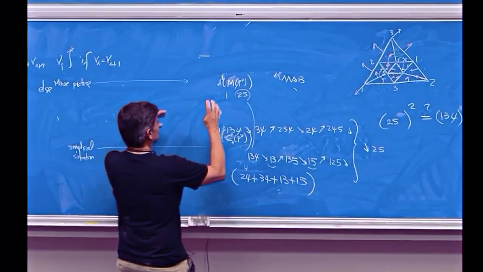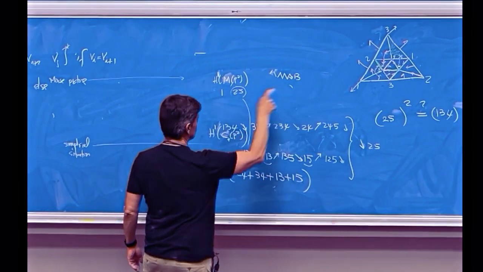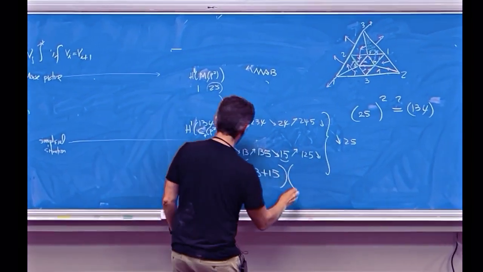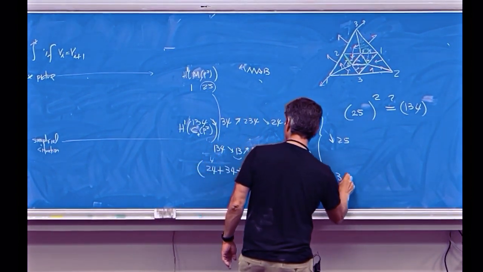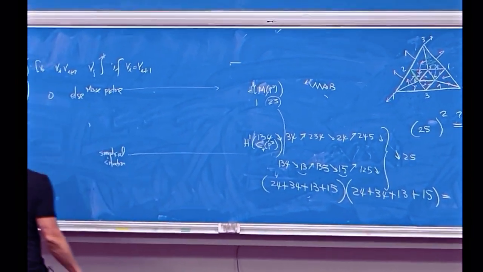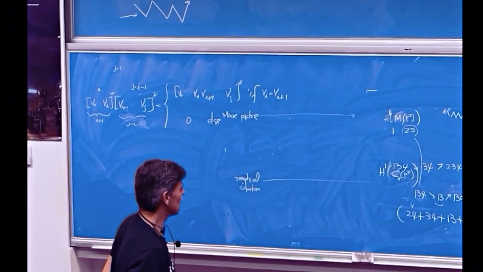So I already used this because I have good control on that, then a little bit of the flowing information, then I get this, then I need to square it, 24 plus 34 plus 13 plus 15, and do the product multiplication. Let's see what happens.